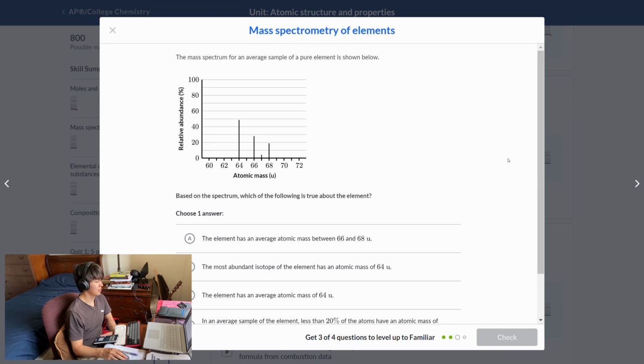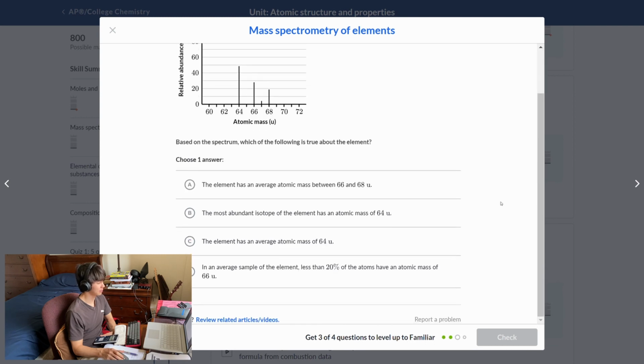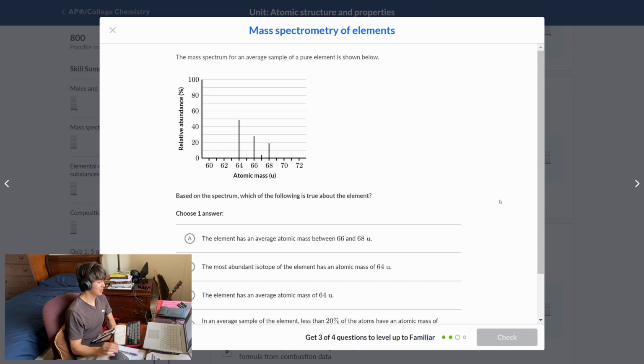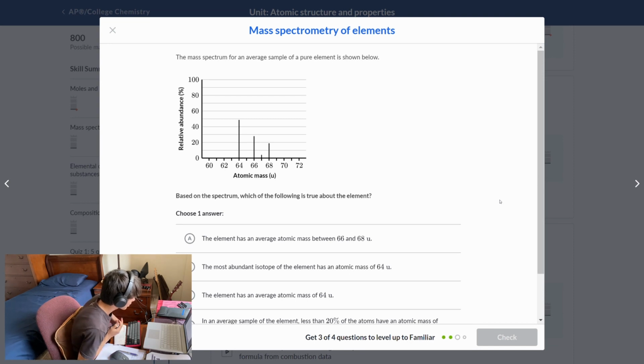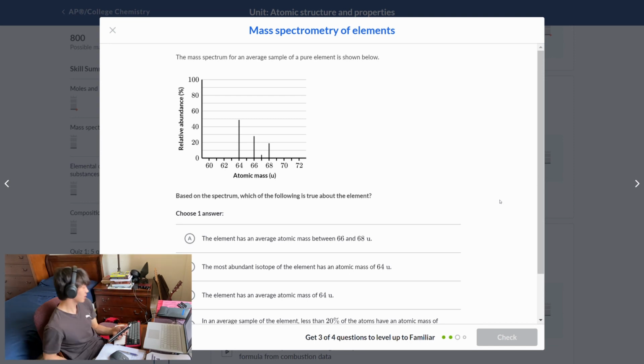The mass spectrum for an average sample is shown below. Based on the spectrum, which of the following is true about the element? The most abundant isotope of the element has an atomic mass of 64 units. What's an isotope again? It's like when it has more electrons or something. What's an ion? I should know this because I did know it. I forgot.